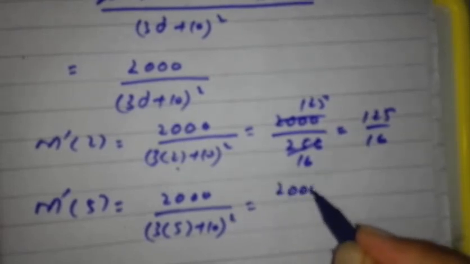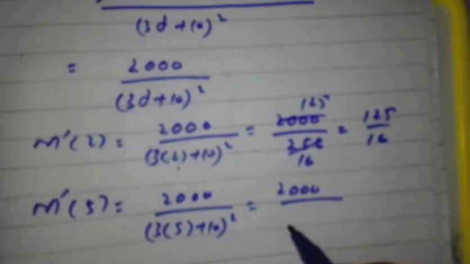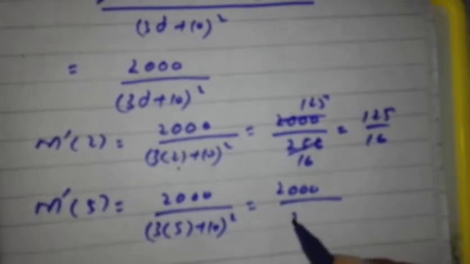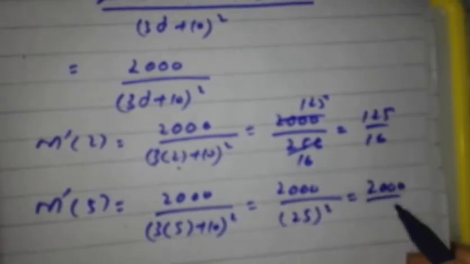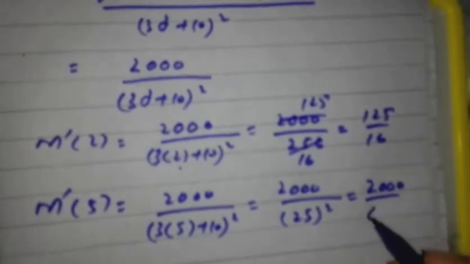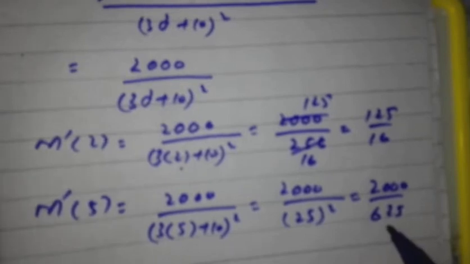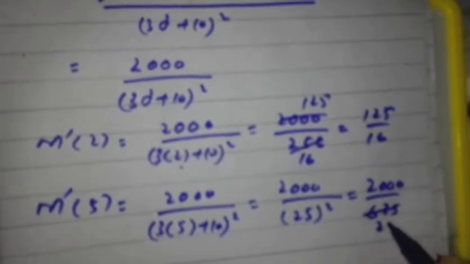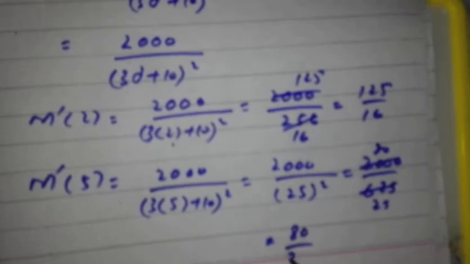Here 3 fives are 15 plus 10, 15 plus 10 we get 25 whole square. 2000 over 25, 25s are 625. So we get 80 over 25.